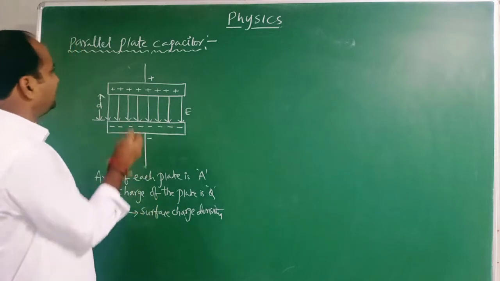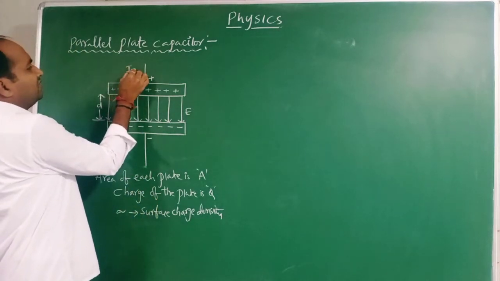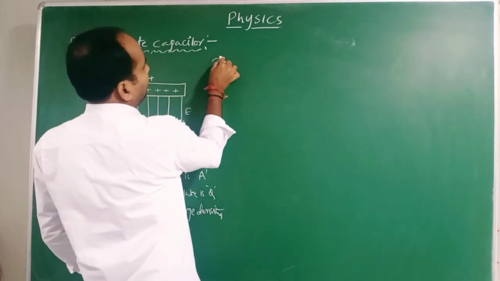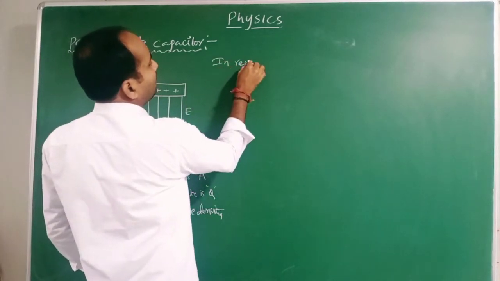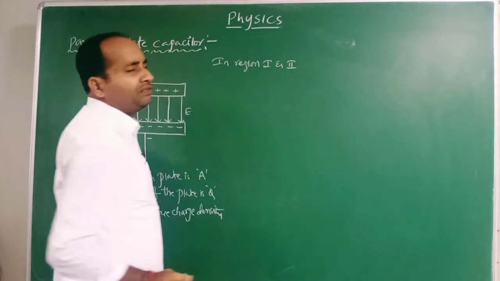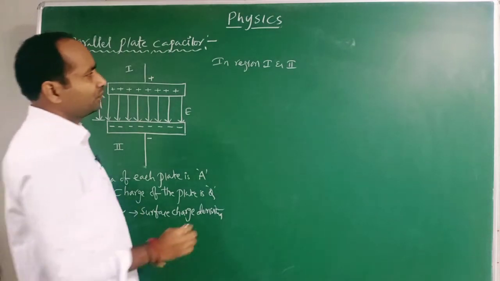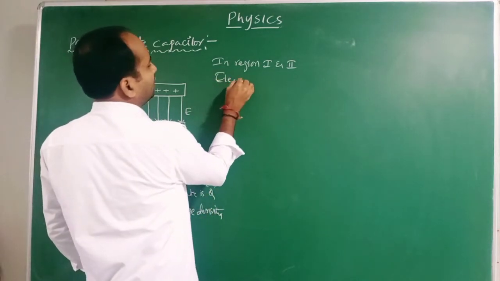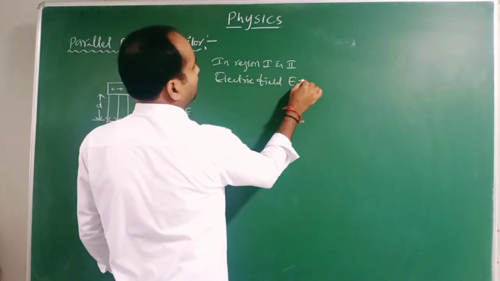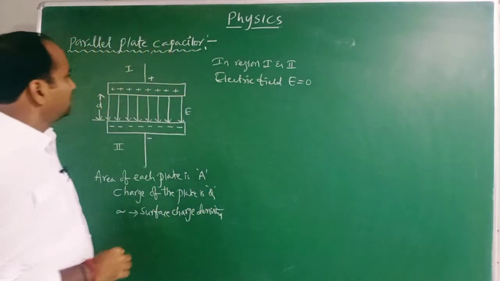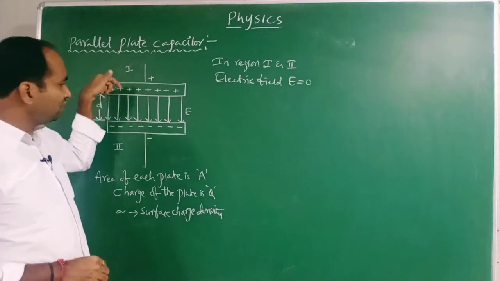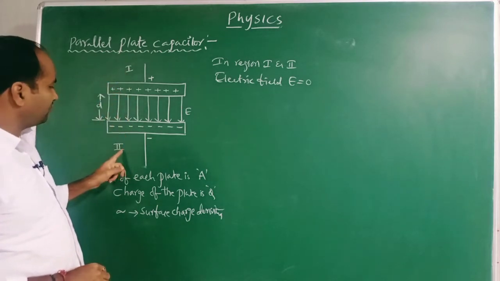Let us take this as region 1 and this as region 2. In regions 1 and 2, the electric field E is equal to 0, because the field at region 1 due to the positive charge is outwards and due to the negative charge is inwards, equal and opposite, so they cancel.